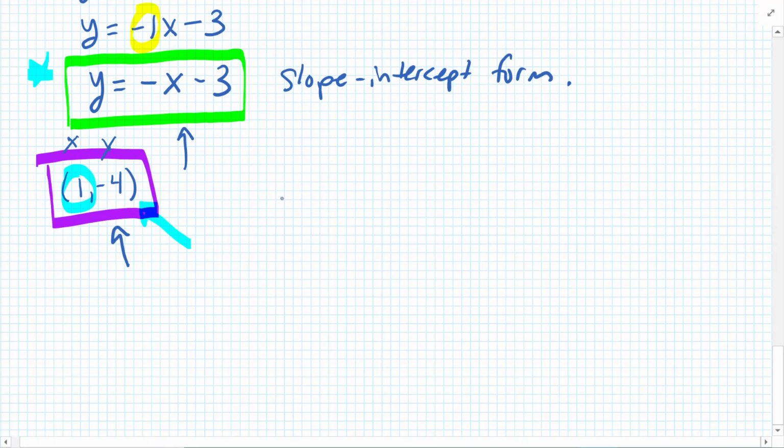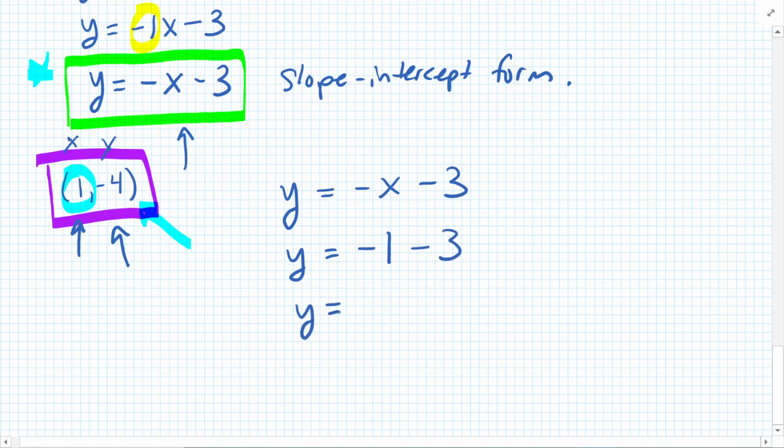So let's do that. Y equals minus x minus 3. We're going to take the x value that we have here, which is 1. Y equals -1. We substituted in 1 into the x, minus 3.